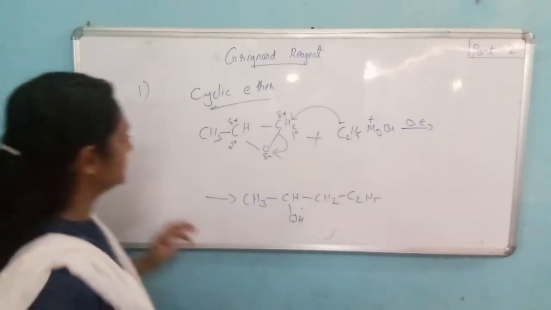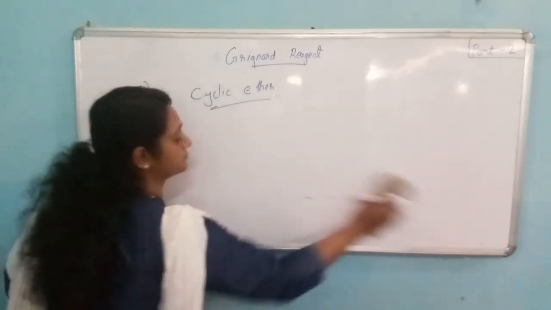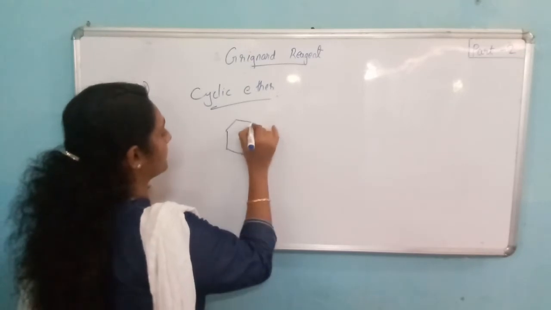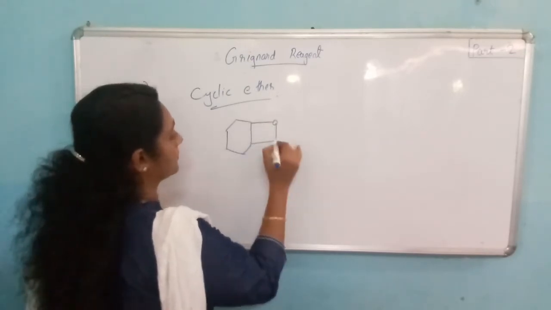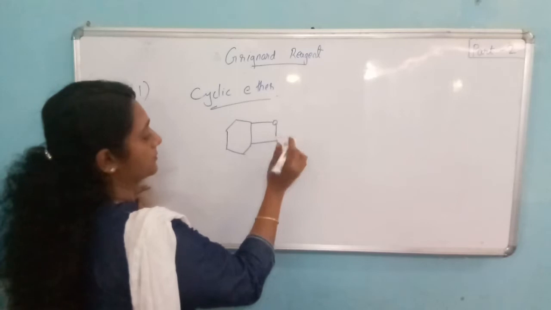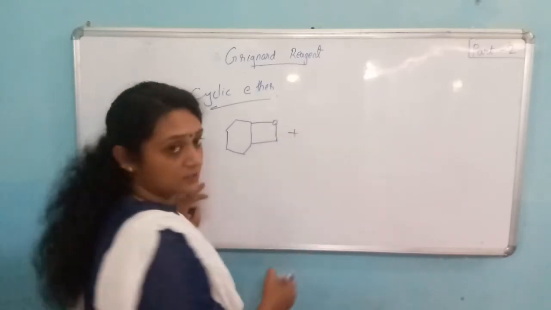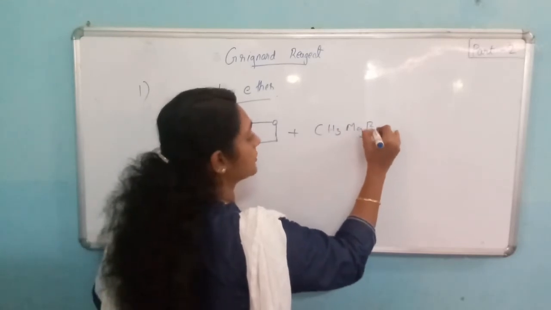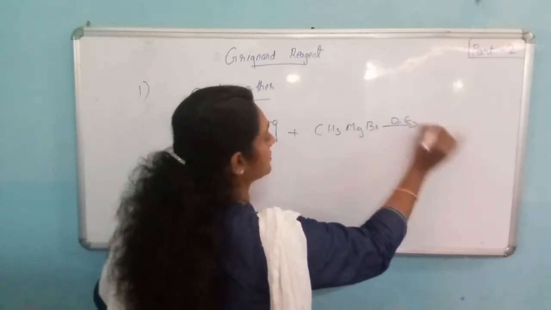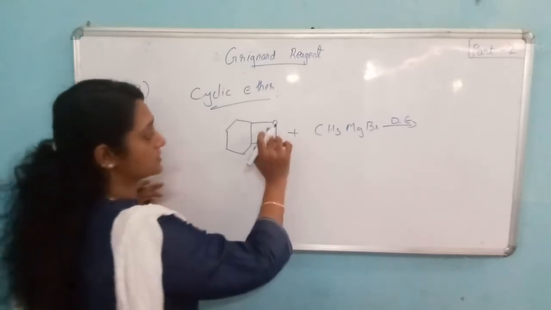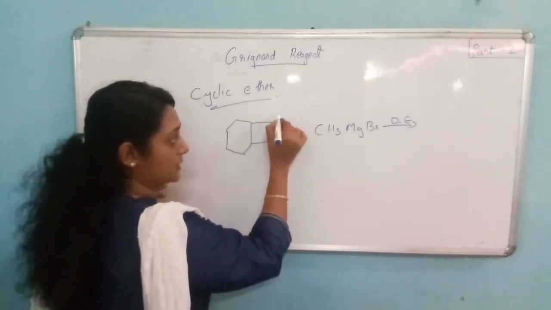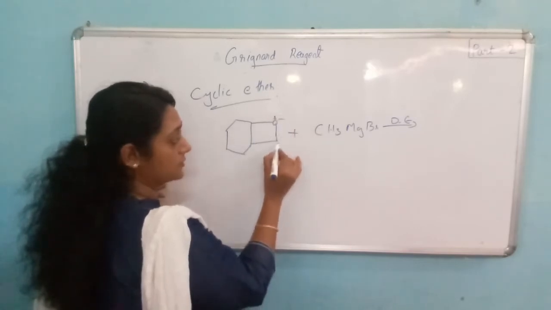Okay, so another example is this cyclic ether reacting with CH3MgBr. What will be the product in presence of ether? This oxygen is attached to two carbon atoms. Oxygen has a partial negative sign and the carbons have partial positive.